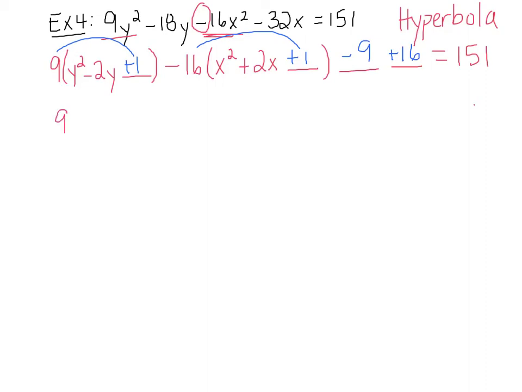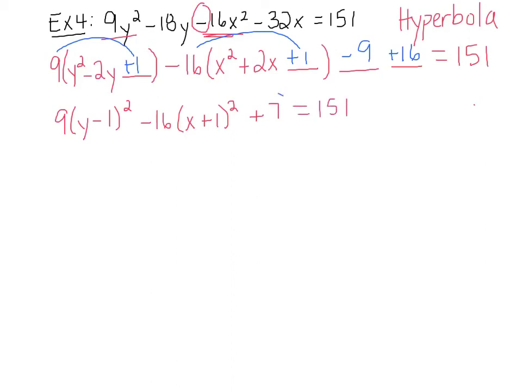We've got 9 times (y - 1) squared minus 16 times (x + 1) squared. We're going to add those together, so negative 9 plus 16 is a positive 7, and that's equal to 151.